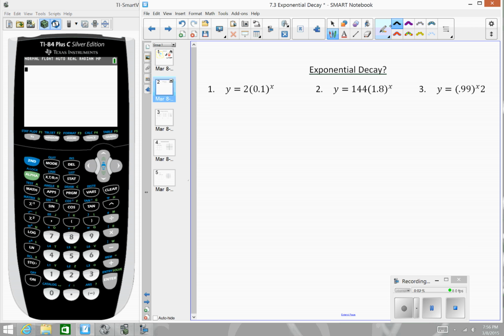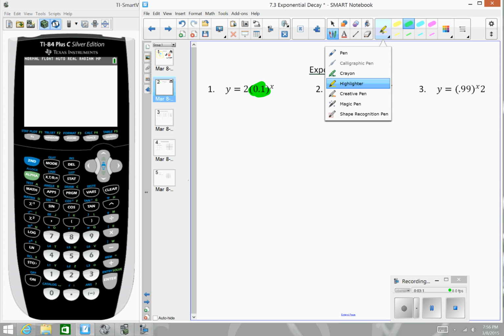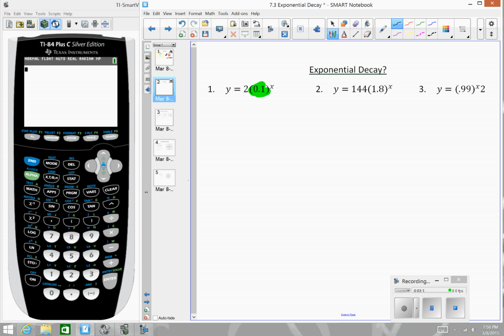That B value is going to be which number, the 2 or the 0.1? Whatever number is being raised to the x, in this case it's 0.1. Okay, is that number above 1 or between the numbers 0 and 1? If you're looking closely, it's between 0 and 1, so this would be a decay.